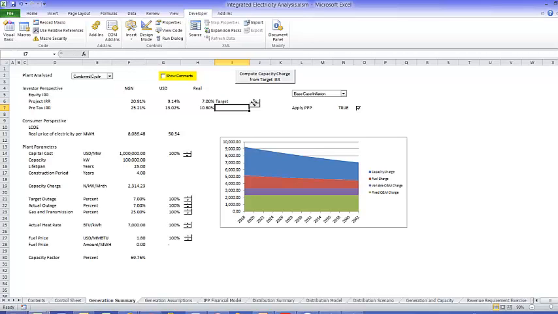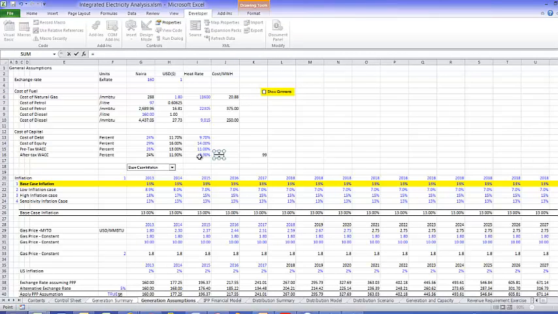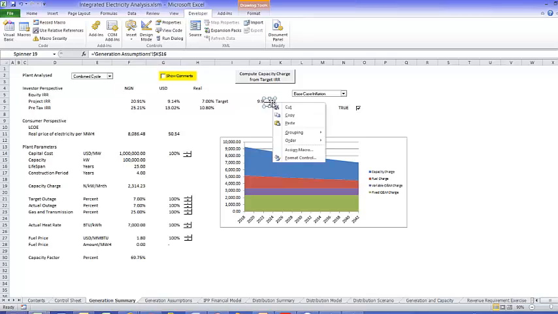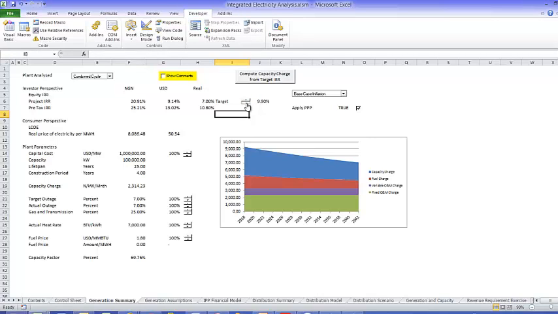Let's make the target IRR. Okay. Perhaps I'll put this one over here, and perhaps we'll make it smaller to be more consistent with the other spinner boxes.